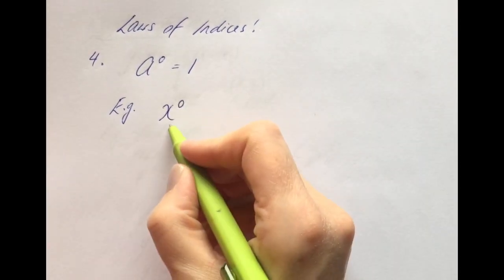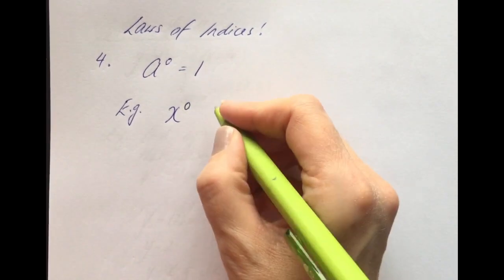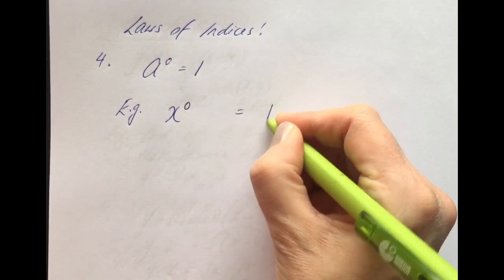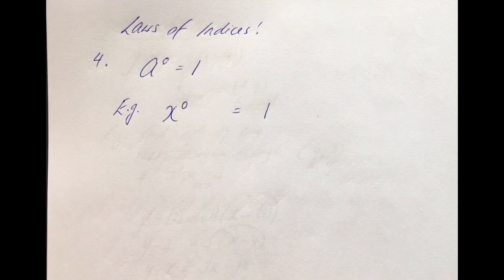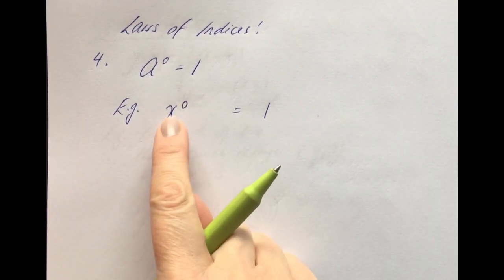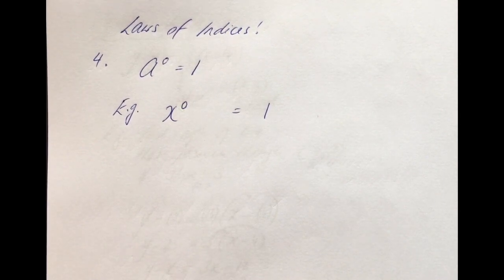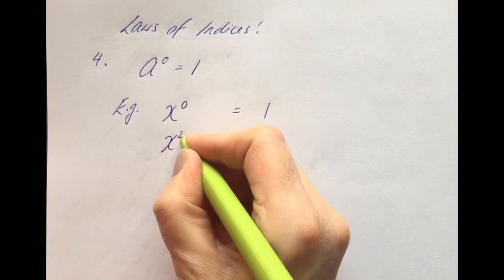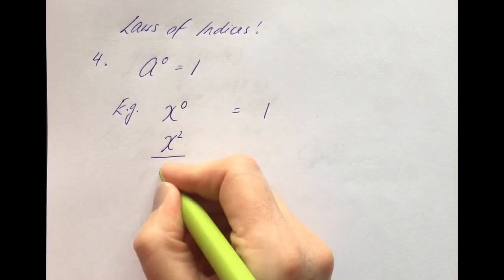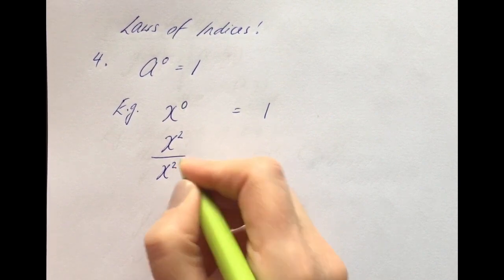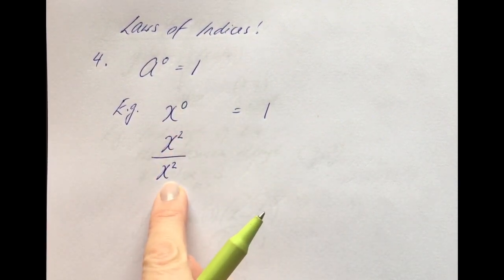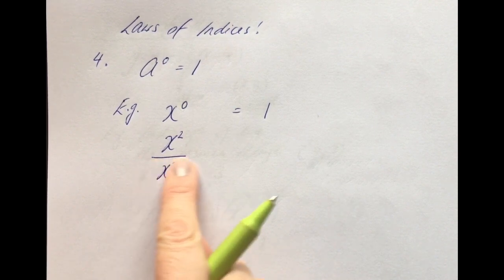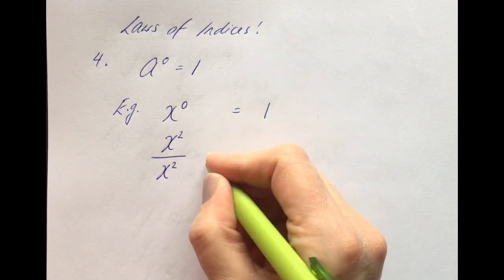Well, let's say we have x to the power of 0, and what this law is saying is that's going to equal 1. Well, let's see how we can make that so that it explains how we are getting 1. Well, another way, I suppose, of getting x to the power of 0 would be to consider the following example. If you had x squared divided by x squared, by our second law of indices, if you have division, you can subtract the powers.